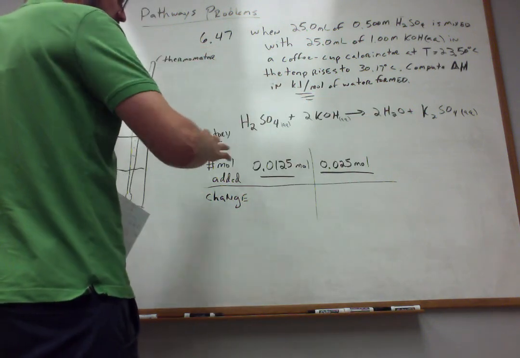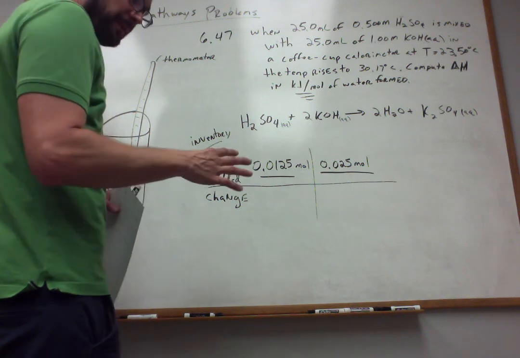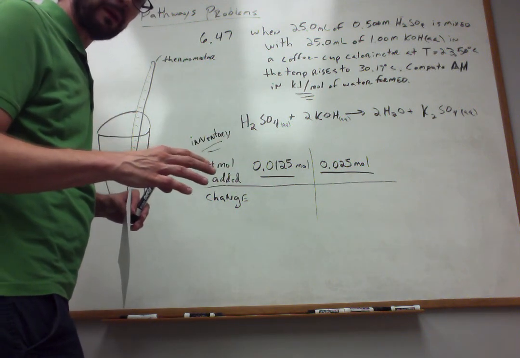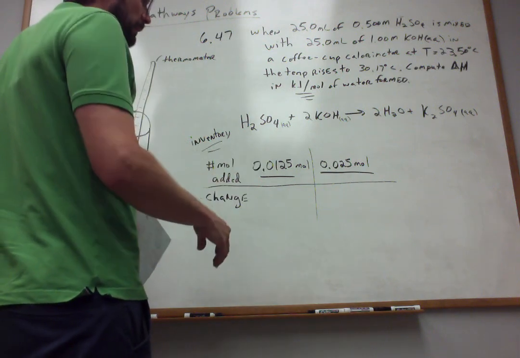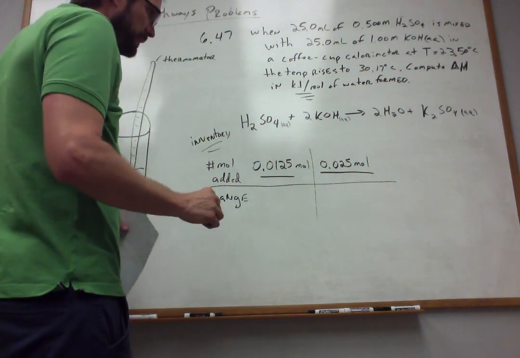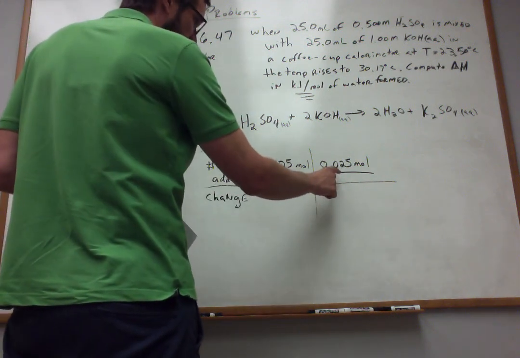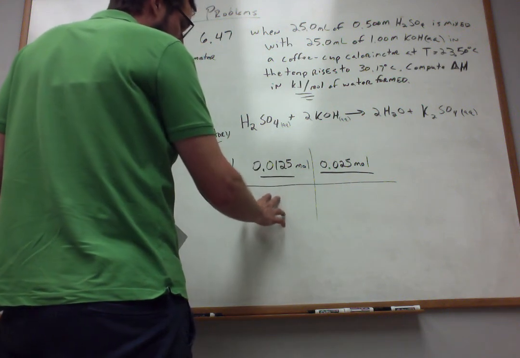They consume as much of each other as they possibly can. So this becomes a limiting reagent problem for us then. What are we going to run out of first, right? Now in this particular problem, it's a 1 to 2 stoichiometry. And it looks like I've got exactly twice as much of this, the base, as I do the acid.